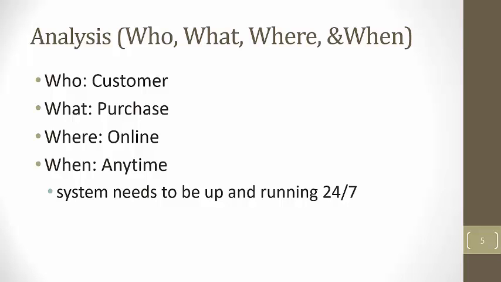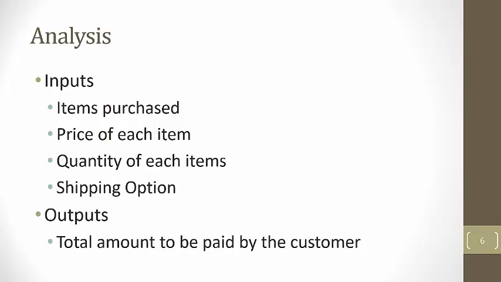When we say analysis, or we talk about gathering requirements, we can also talk about them in terms of inputs and outputs. So if you think about it, having a customer purchasing products online, we can think of several inputs.